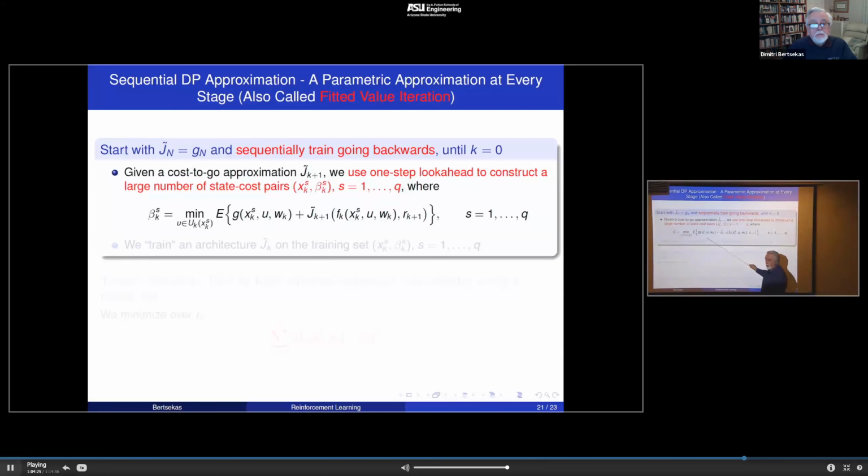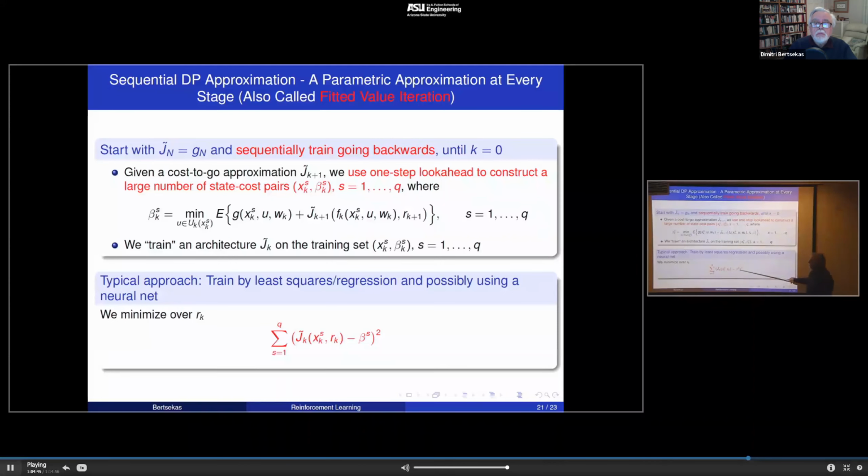Of course, this involves quite a bit of computation, but let's suppose you can do it, or you can do it approximately, and you can get this beta case of S. So this is my data, and then we train an architecture for j tilde k. Using j tilde k plus 1, we get an architecture j tilde k by solving this least squares problem.